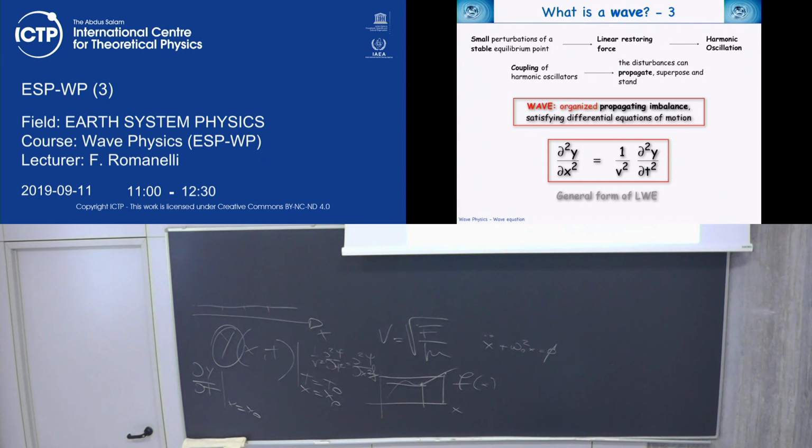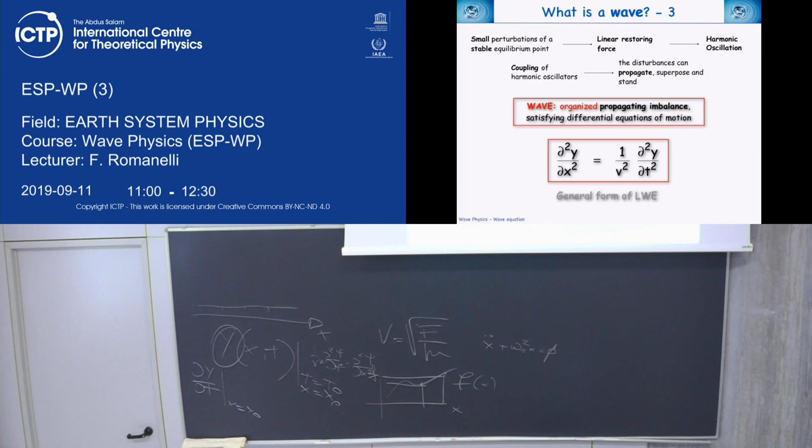Then we considered a continuous distribution of oscillators. We could take spatial derivatives. With a discrete system, we cannot compute partial derivatives in space. It's not continuous. You do understand this. And what we have found is the first example of what we can call the wave equation.